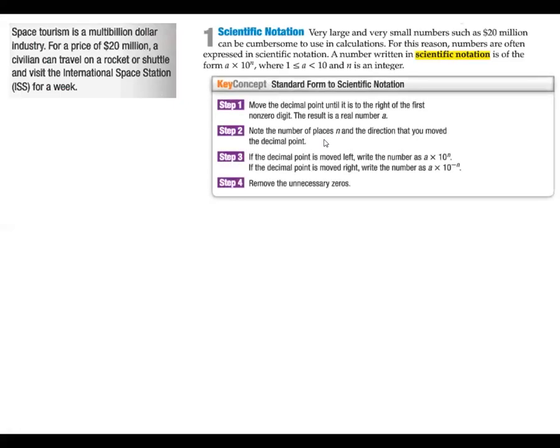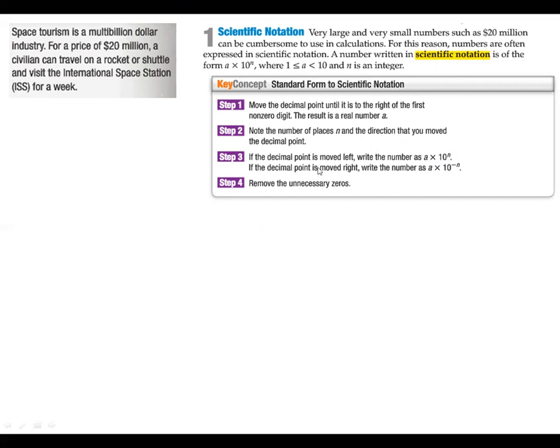Okay, so here's the key concept for scientific notation. Move the decimal point until it is to the right of the first non-zero digit. The result is a real number a. Note the number of places n is the number of places and the direction that you moved the decimal point. If the decimal point is moved to the left, write the number as a times 10 to the n.